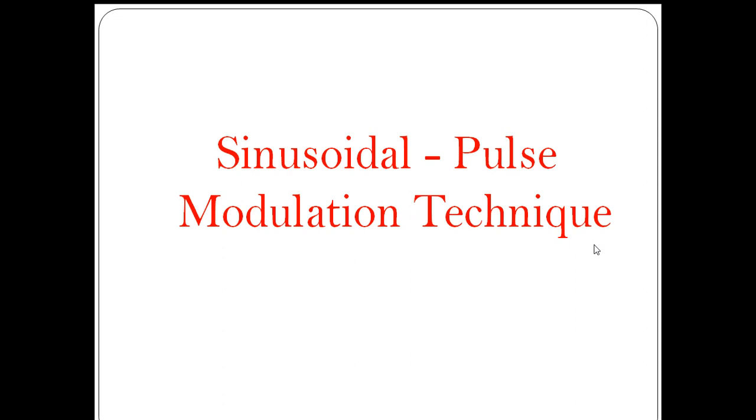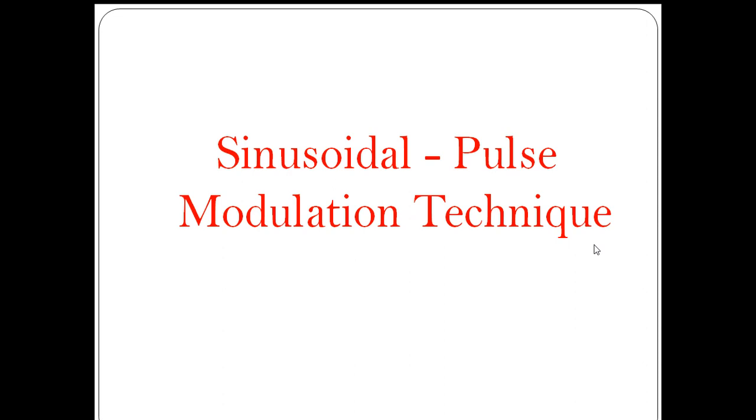For realizing this sinusoidal pulse width modulation, a high frequency triangular wave is used as the carrier wave and it is compared with the reference sinusoidal waveform, a sinusoidal reference wave of the desired frequency.